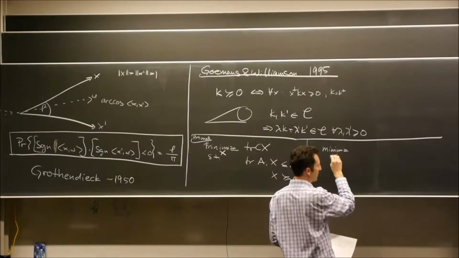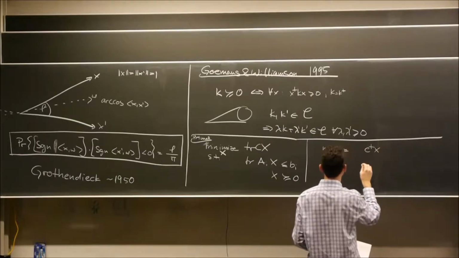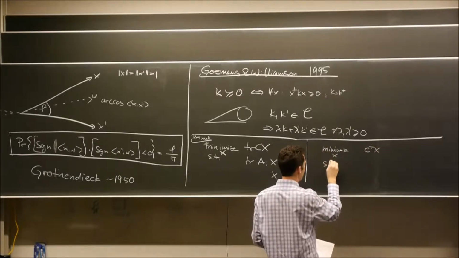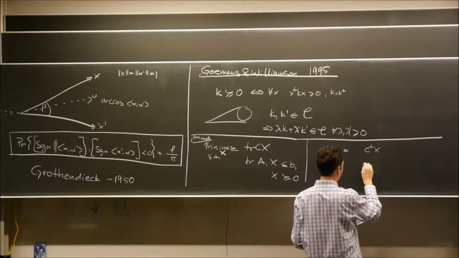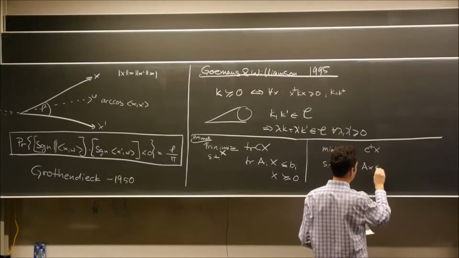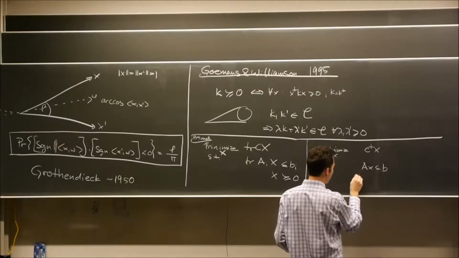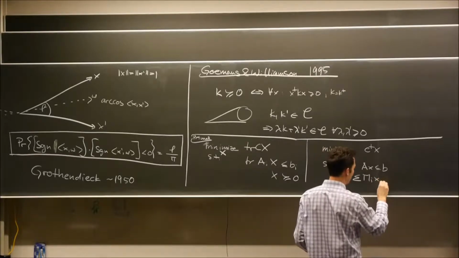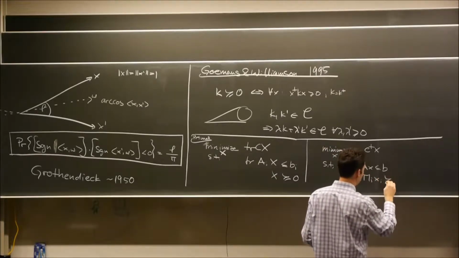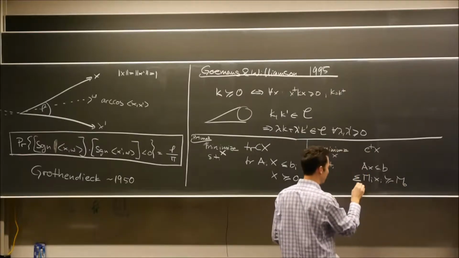Here also x, but here x is just a vector. c transpose x subject to, well, we usually have our Ax less than or equal to b. And furthermore, the sum over some matrices M_i x_i has to be greater than or equal to some M_0.